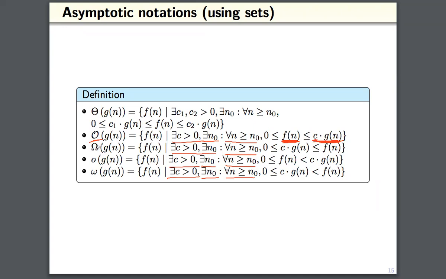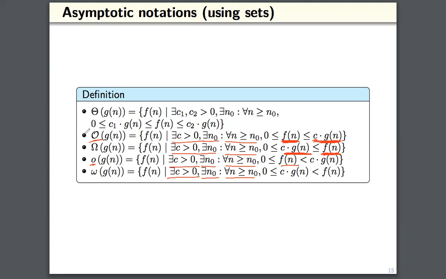So what is omega? Big omega: function f of n is lower bounded by g of n. What is small o? F of n is strictly less than g of n. That means it has a smaller order of growth than g of n. It can never equal g of n.